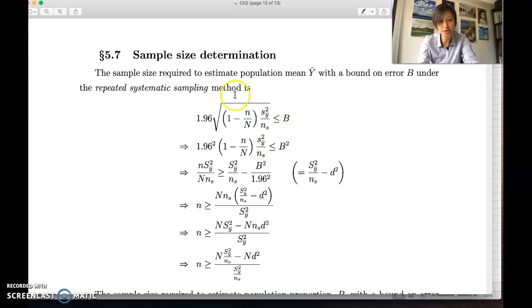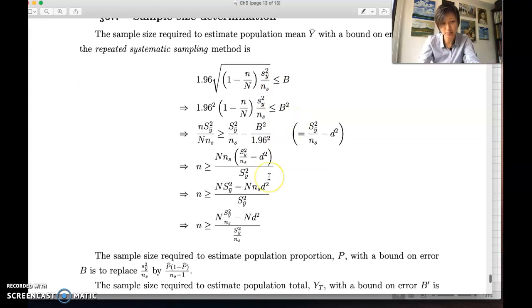I'm not going to go into much detail on this, because what I'm trying to say is that under repeated systematic sampling, we can always relate the standard error of the point estimate, multiplied by the significance factor 1.96, which must always be less than or equal to the bound of error that's required.